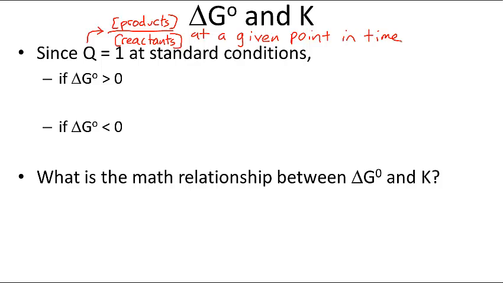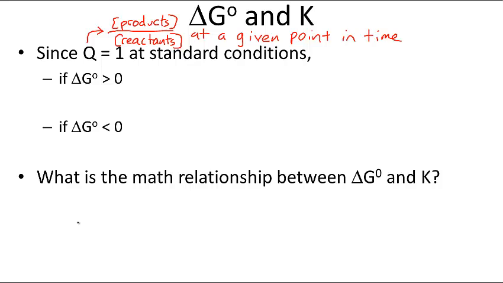Delta G naught essentially tells us which direction the reaction wants to go. So recall, if delta G naught is positive, which direction does the reaction want to go? We repeated this on, I think, 3 separate slides, so you can feel free to take a look back in the notes.